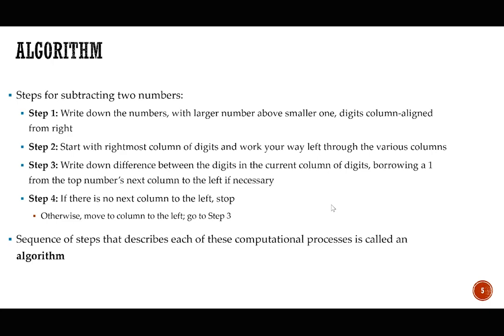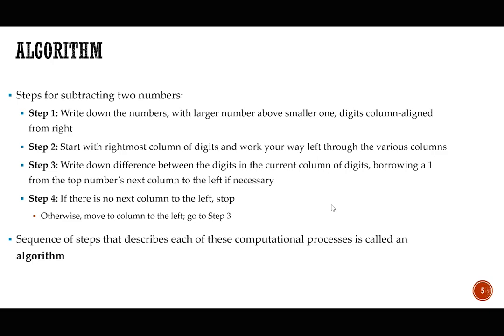And if there is no next column to the left, stop. So there is a termination criteria here. Otherwise, move to the column to the left and go to step 3. So we continue this until there is no next column to the left.